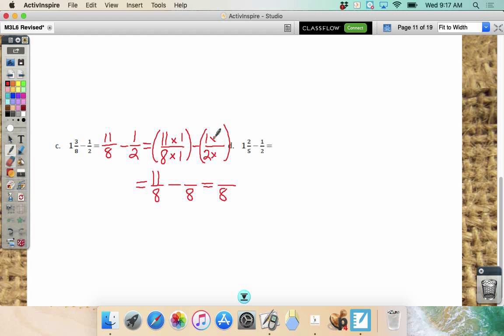And whatever you do to the bottom, very good. So what is 11 minus 4? 7. Okay. Now if we would have used 16, we would have had to simplify it. Mrs. Lowry and I decided that it's easier if you don't have to simplify. Okay? So that's why we're choosing to do it this way.